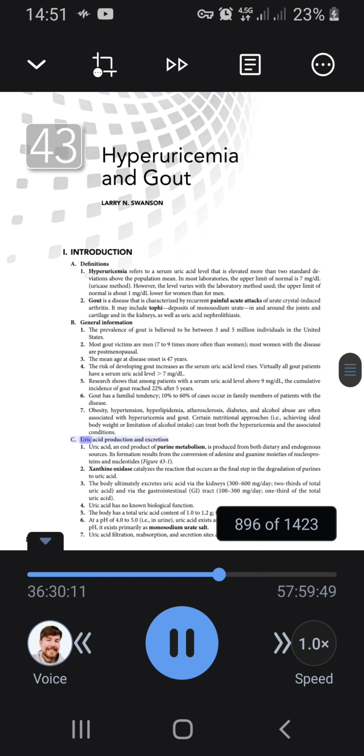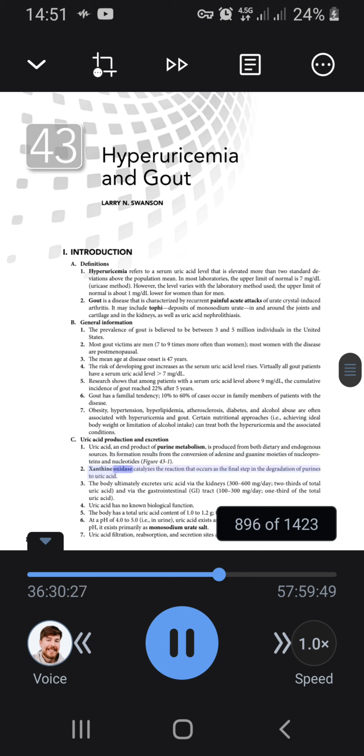C. Uric acid production and excretion. 1. Uric acid, an end product of purine metabolism, is produced from both dietary and endogenous sources. Its formation results from the conversion of adenine and guanine moieties of nucleoproteins and nucleotides. Figure 43-1. 2.